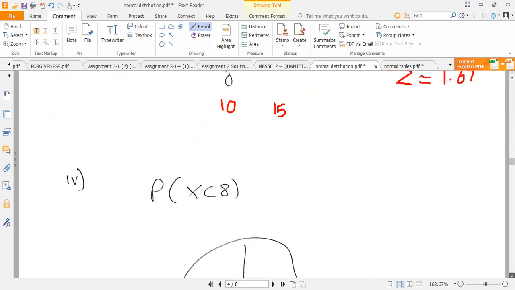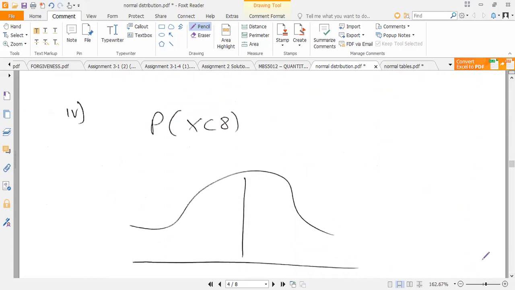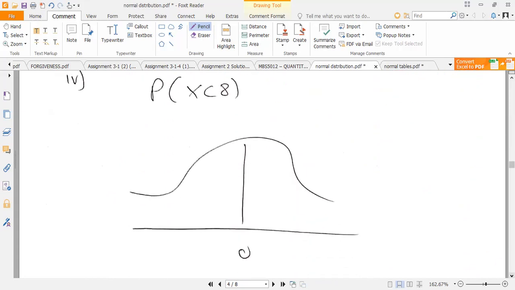So I want somebody else to try less than 8. Step 1. Sydney?